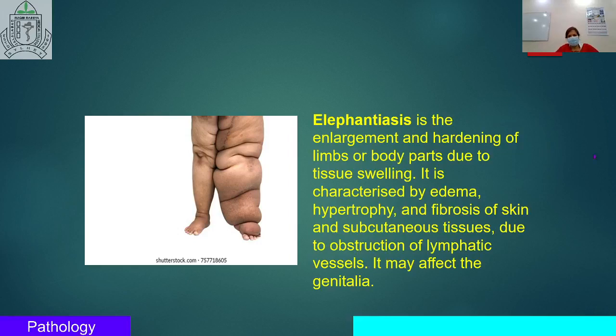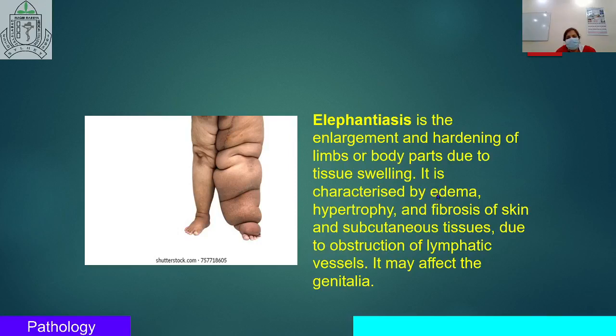This is a figure of elephantiasis. Limb like that of an elephant. Elephantiasis is the enlargement and hardening of the limbs or body part due to tissue swelling.